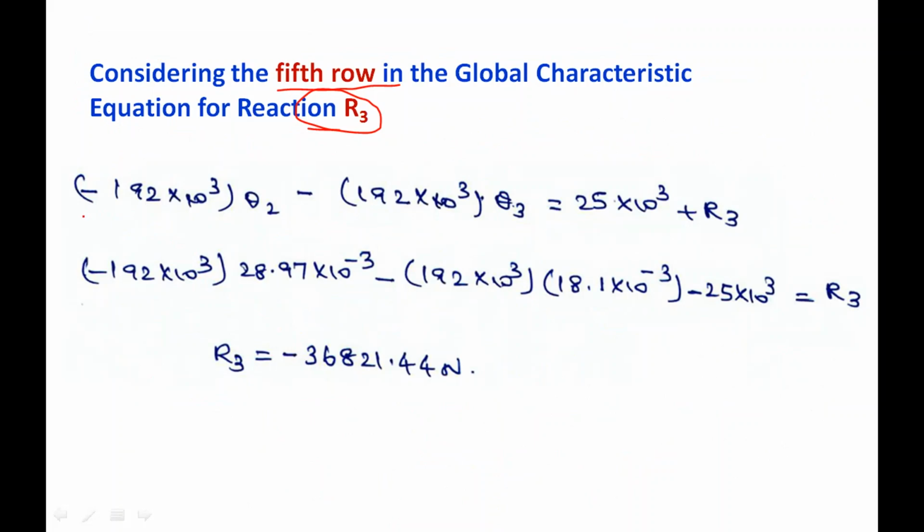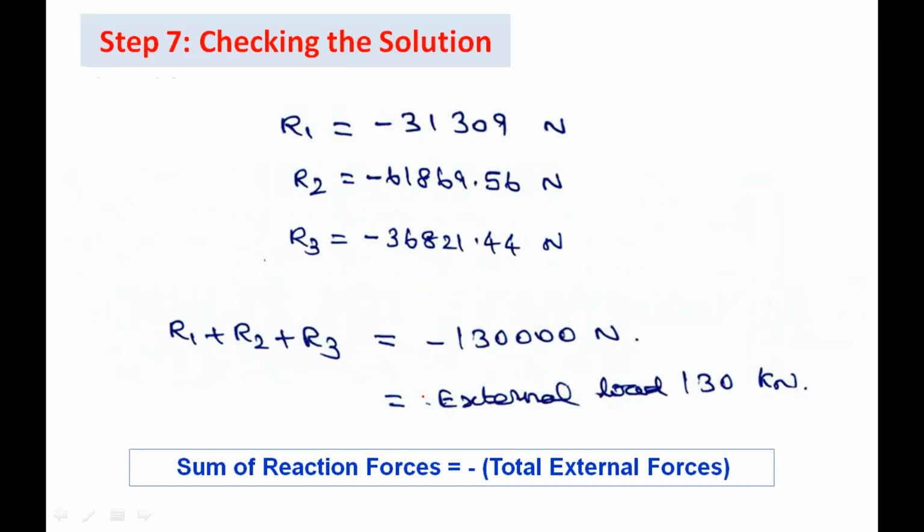Substituting theta 2 and theta 3, we get the R3 value as minus 36,821.44 Newton.